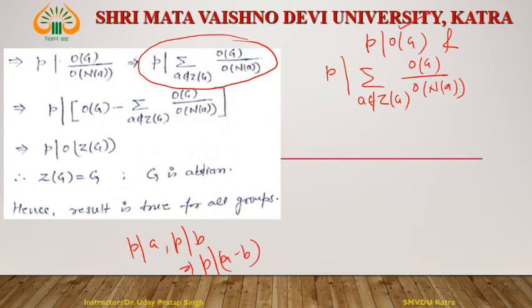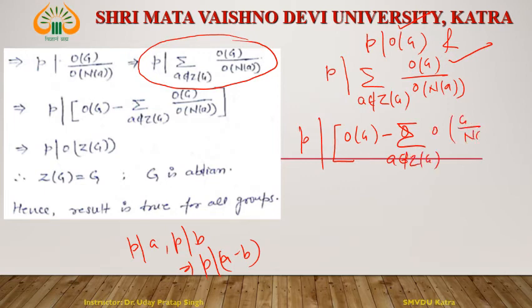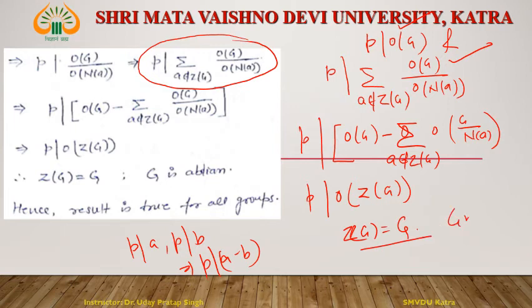So P divides order of G minus the summation over a not in Z(G) of order of G by N(a). It means P divides order of Z(G). It means Z(G) equals G, that is, G is abelian. Then there exists x in G such that x to the power P is equal to e. Hence the result is true.